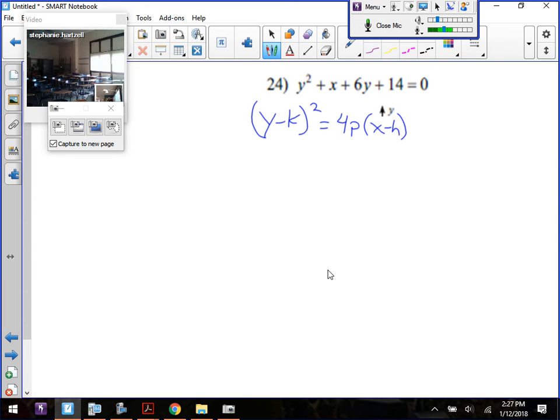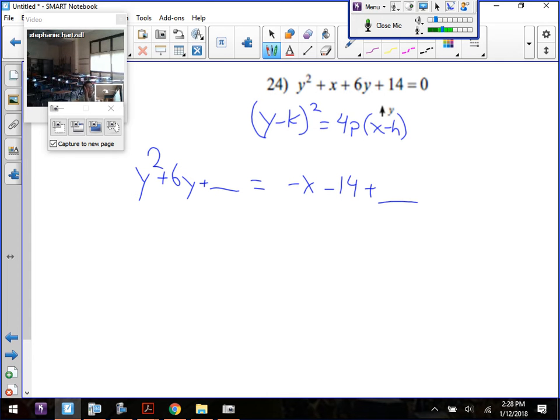So we have to set up to complete the square just like we have been. We're going to get y squared plus 6y plus blank equals negative x minus 14 plus blank. What I did there was I just kind of skipped one small step as far as setting up the complete the square portion.